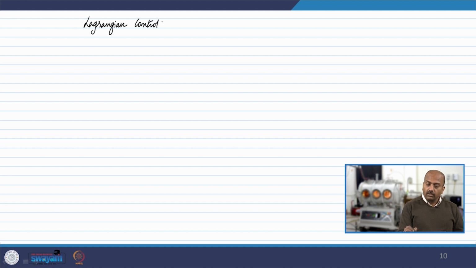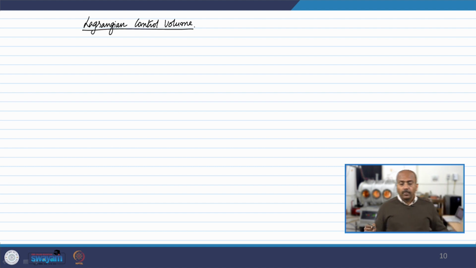What is the difference between the Lagrangian control volume and the Eulerian control volume? The Lagrangian control volume is something which is moving with the fluid. It is not at rest, right? Earlier, we had the control volume fixed and the budgets were calculated with respect to that volume, how much is going in, how much is getting out.